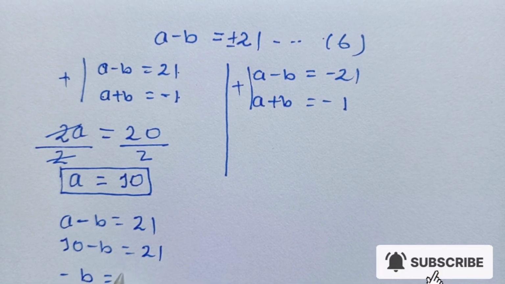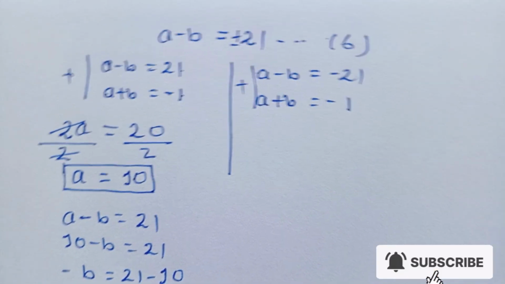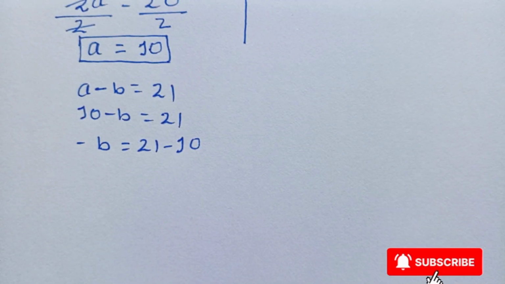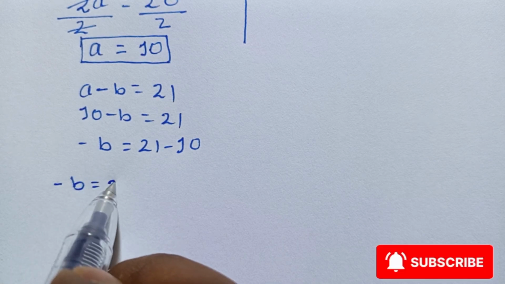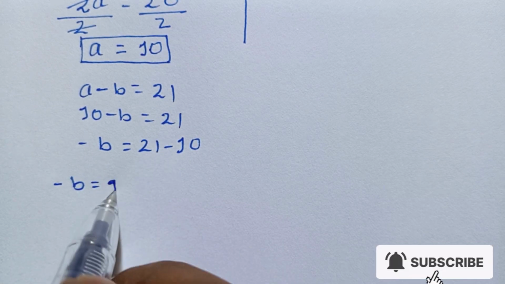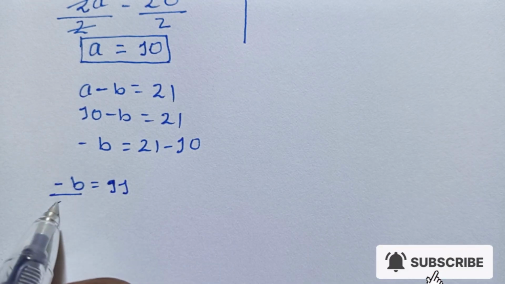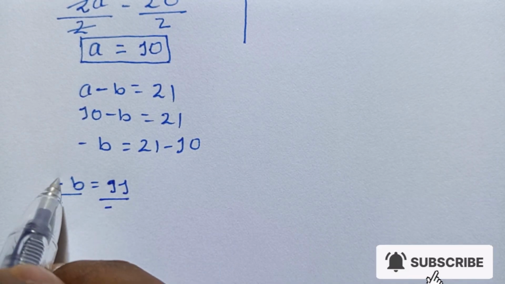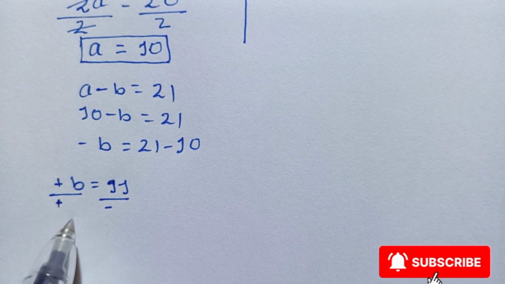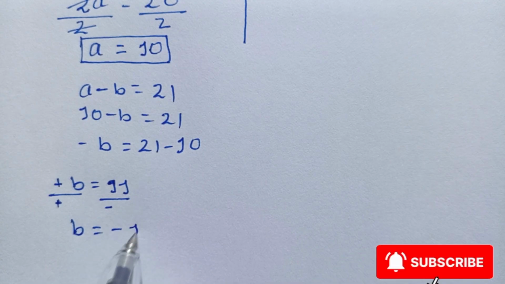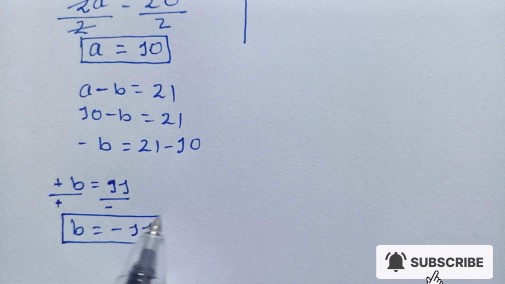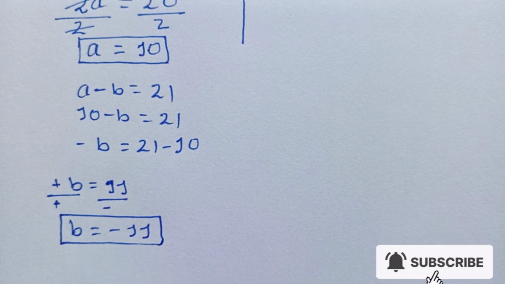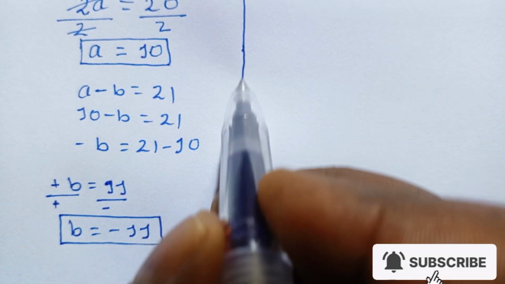Minus b equal to 21 minus 10, minus b equal to 11, the minus cancelled by minus. b equal to minus 11. This is the first solution.